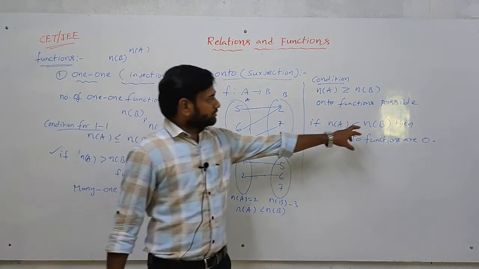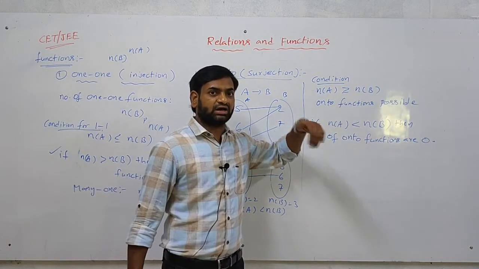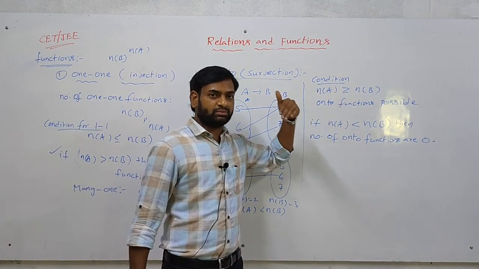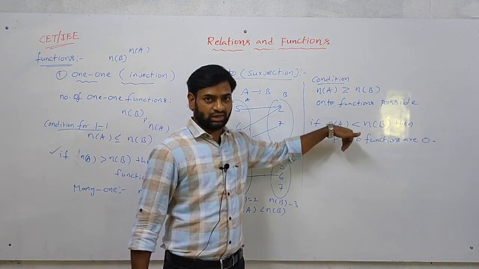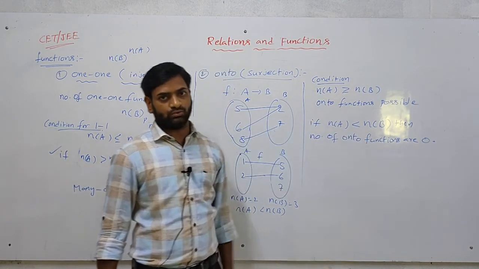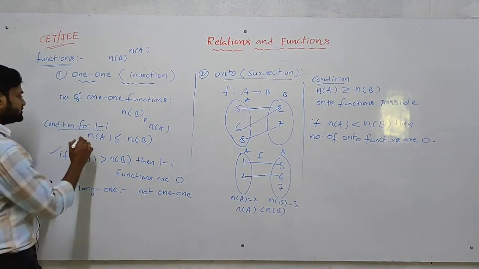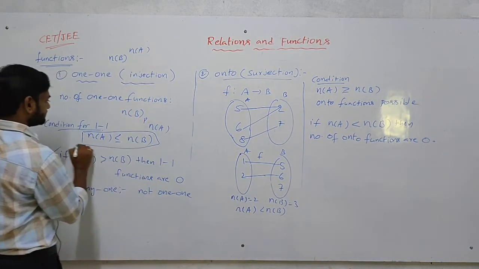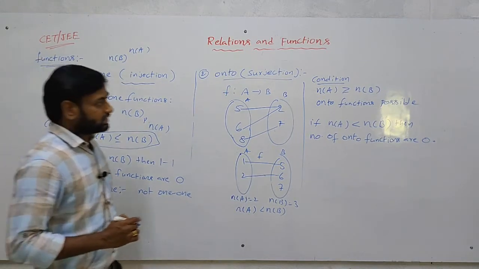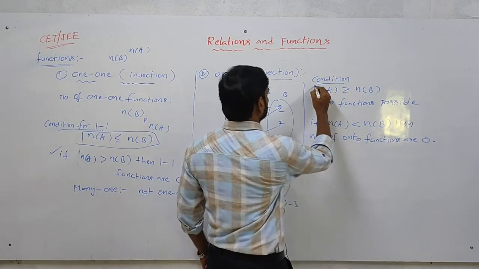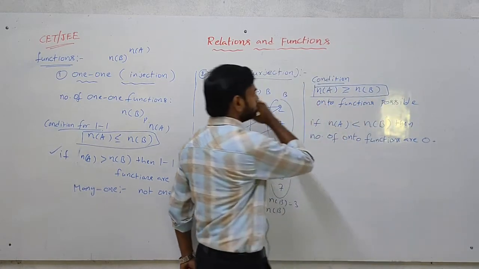Here, when the number of elements in B is more than in A, onto functions are 0. So for a function to be onto, what is the condition? n of A should be greater than or equal to n of B.